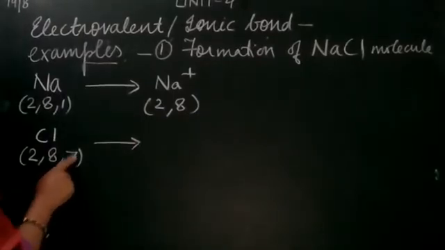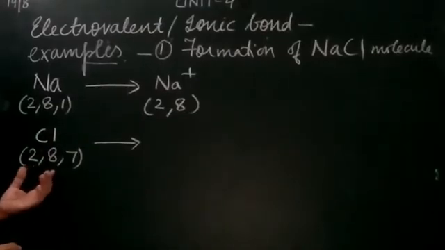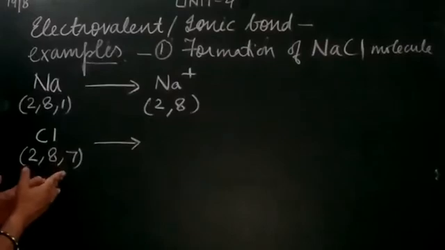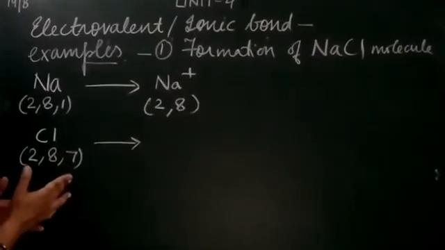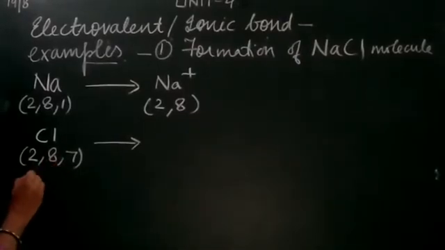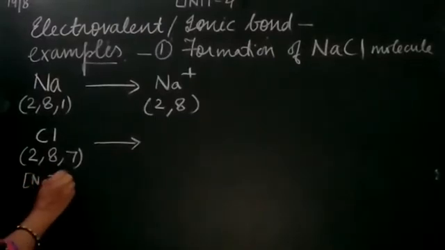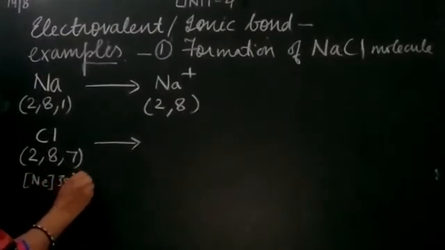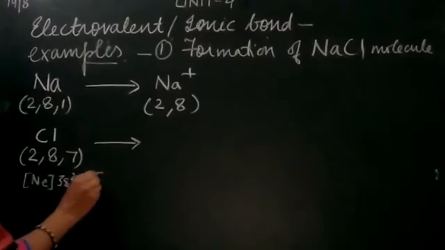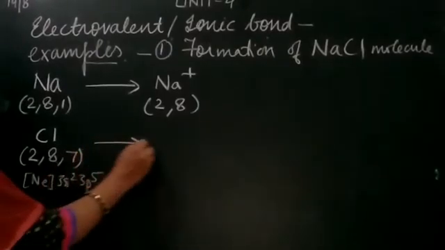Argon has the configuration of 18, here it is 17, so you can write it as neon, 10, and then 3s2 3p5, which makes it stable. This is 3s2 3p5, 2 plus 8 is 10, plus 2 is 12, plus 5 is 17.